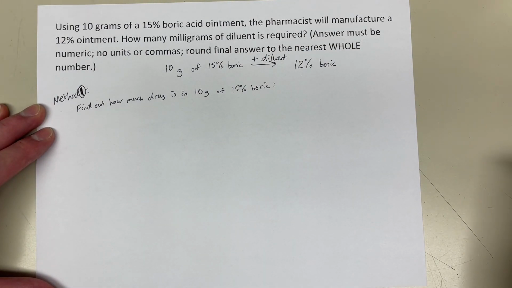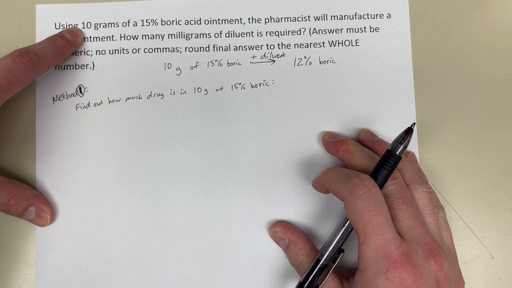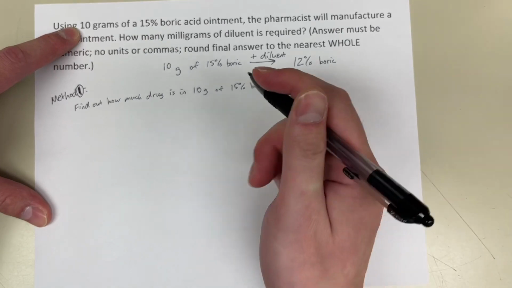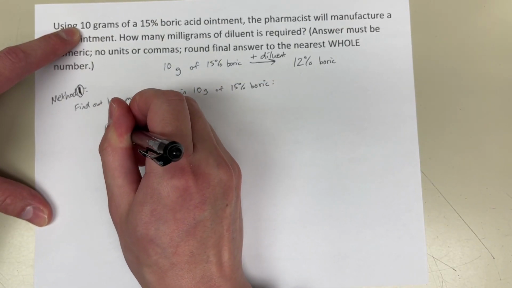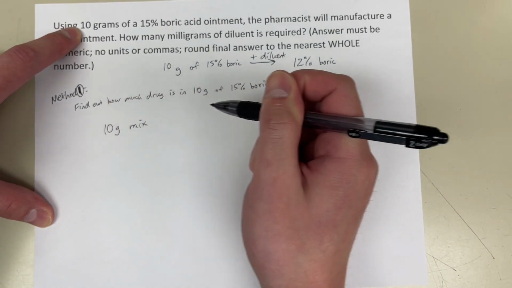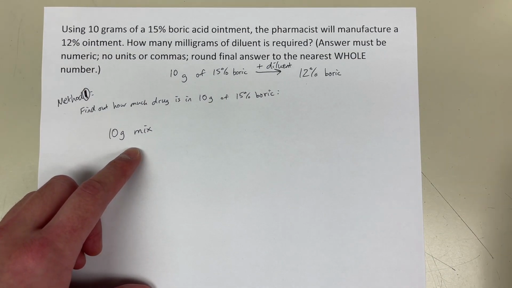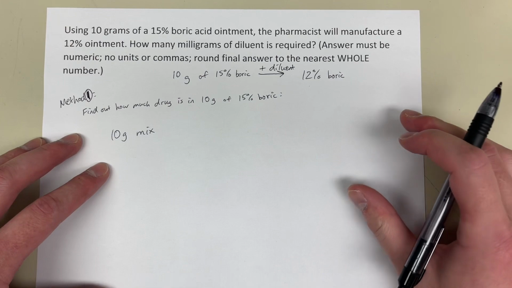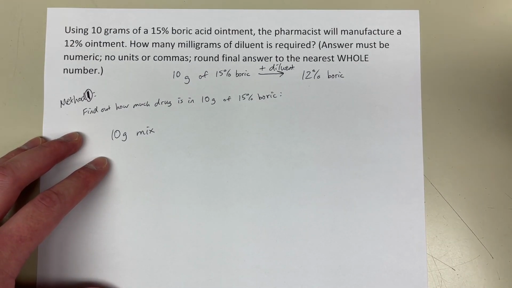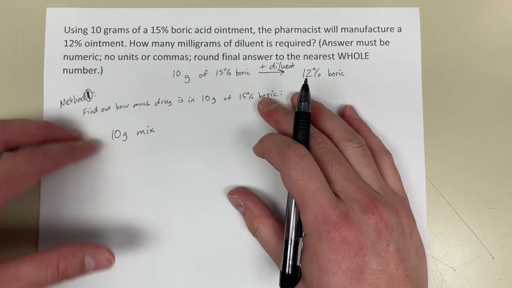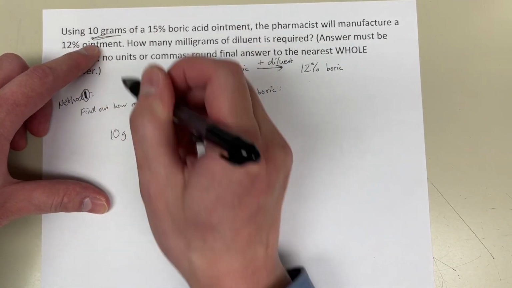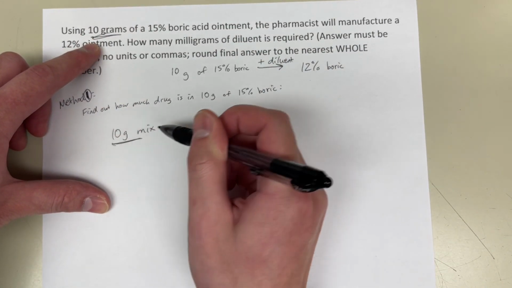Right, so now I'm just going to use what we have in the question. So we have 10 grams of mixture. Mix means the total amount in the whole mixture. And then I'm going to find out how much drug, which in this case is boric acid, is in this total mixture of 10 grams, right?